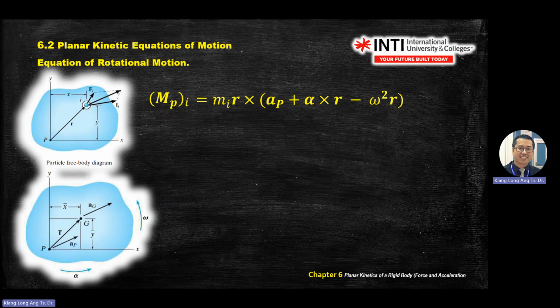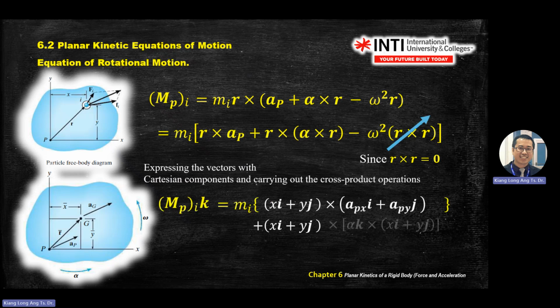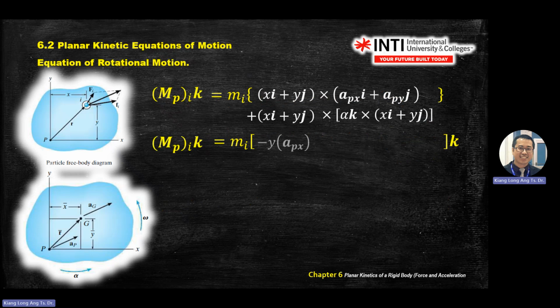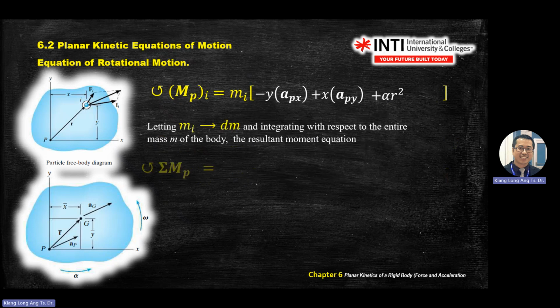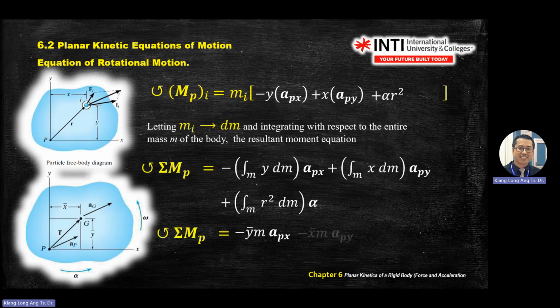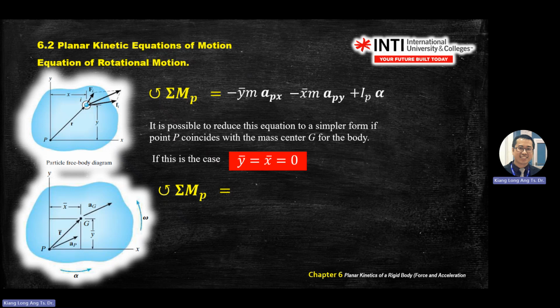But again, I won't ask you how to derive this one. At the end, you arrive at one equation. It's quite a long, lengthy derivation, but we're not interested in the derivation. If you're interested, you can go and read during your free time.